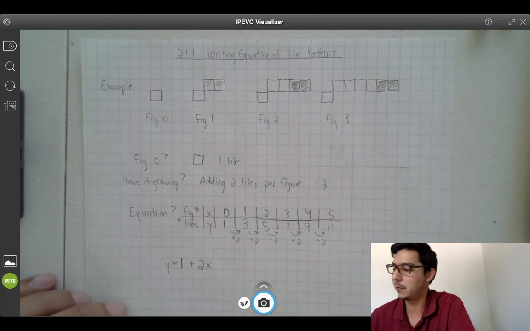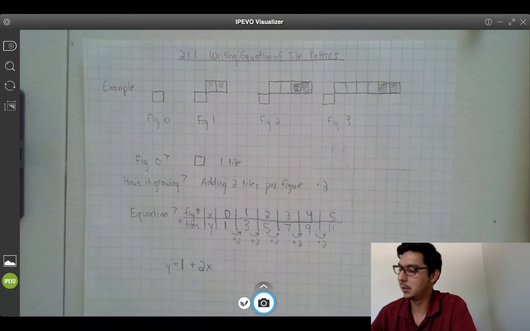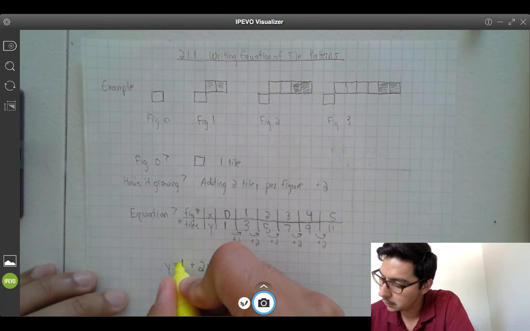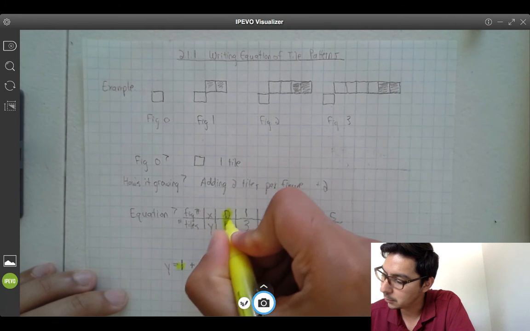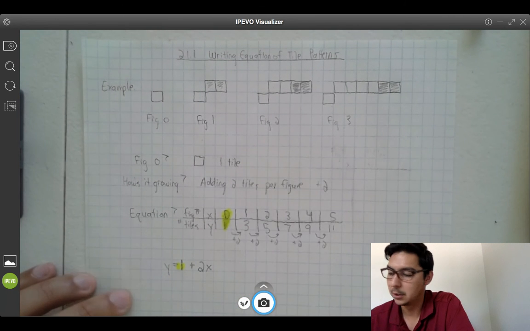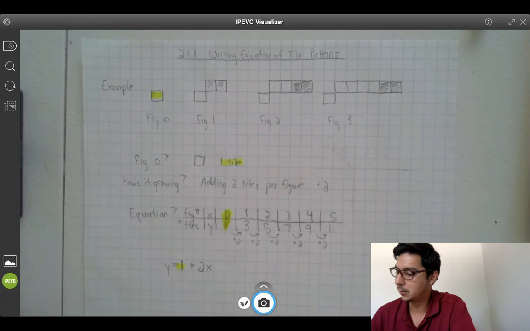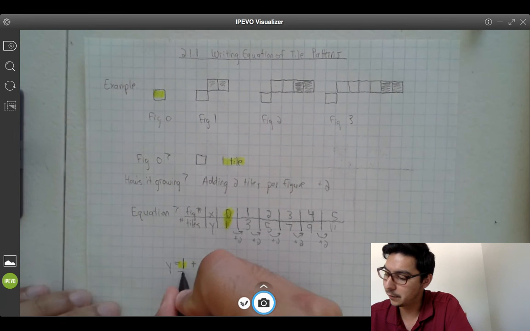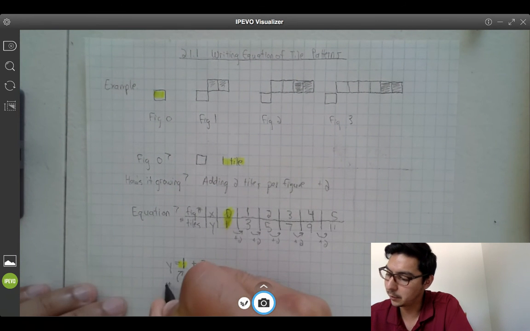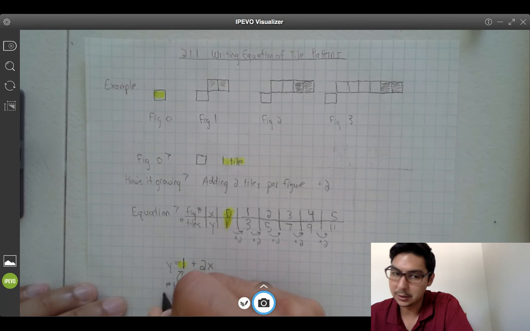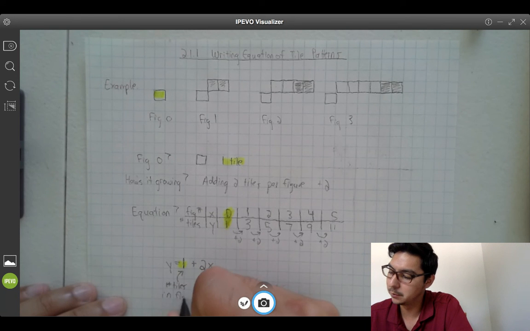And where that comes from, and I'll use some colors to help you see it, is 1 right here is figure 0. Right? You can see the 1 here, the 1 tile. So that is figure 0, the number of tiles in figure 0.